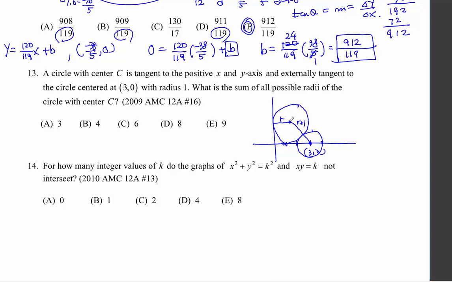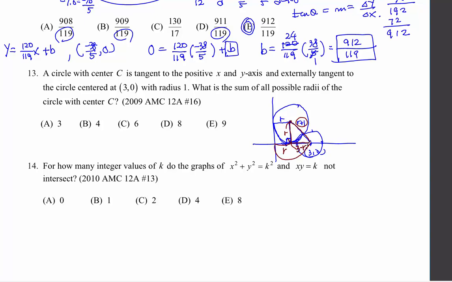This is better, drawing a perpendicular down. So we got one right triangle, and we're going to use it. We already have the hypotenuse r plus 1. This side is r. What is the length of this one? From here it is r, from here it is 3 minus r.